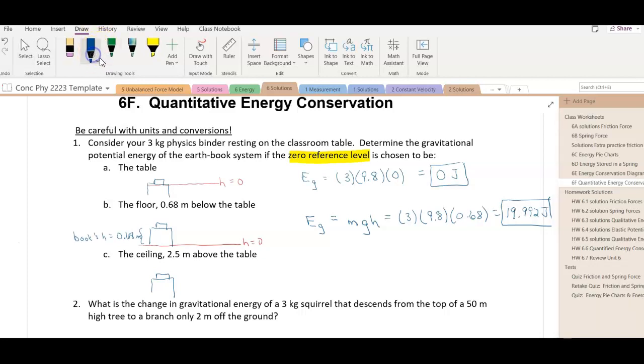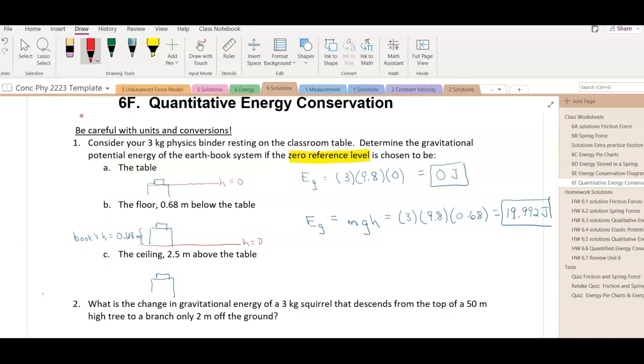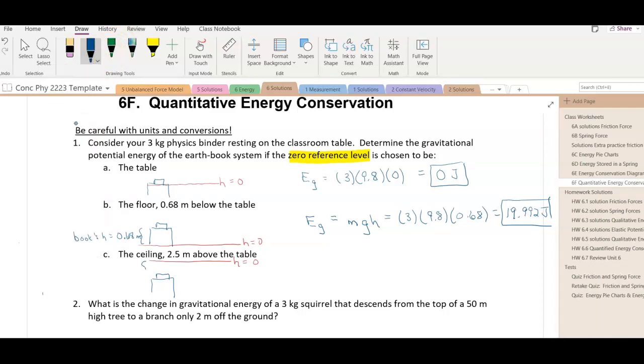And then there's one more example in C. So again, it's the same table, it's the same book, but it's just where we're defining height to be 0. Now we're saying, oh, the ceiling, that's where I'm going to say the height is 0. And since the book is below the ceiling, it's 2.5 meters below, so the book's height would be negative 2.5 meters relative to where we've defined 0.